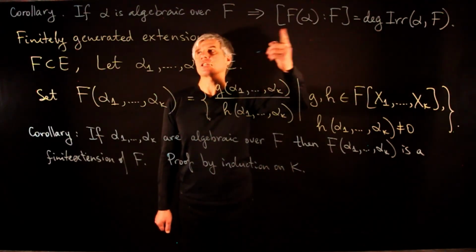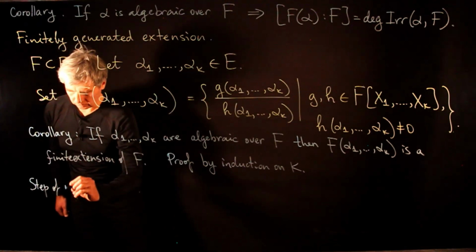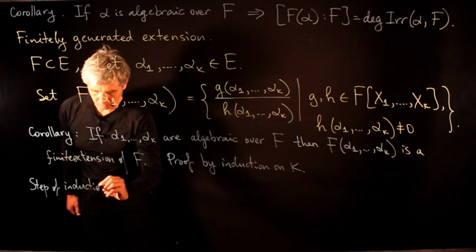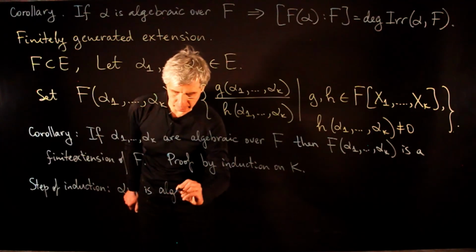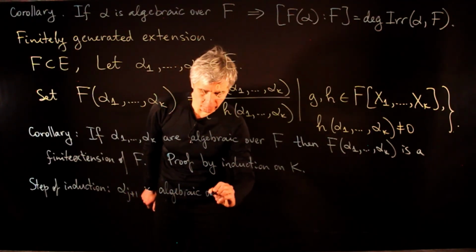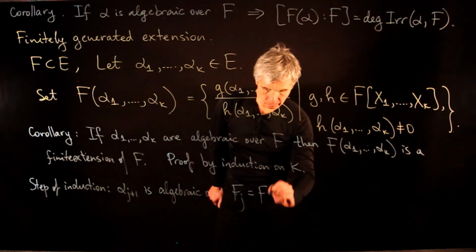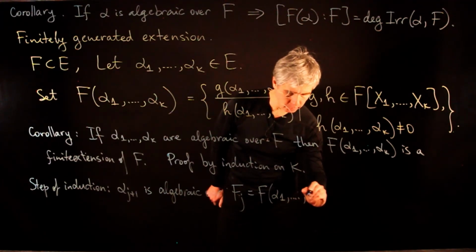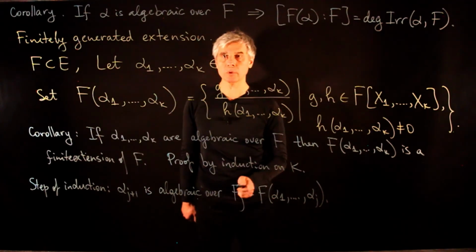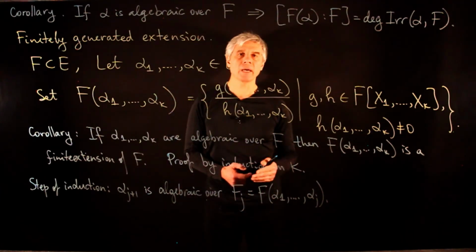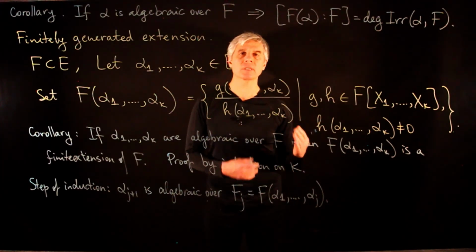So the basis of induction is established in the previous corollary, and the step of induction is that alpha j plus 1 is algebraic over a field F_j, which is F with the adjoined alpha 1 up to alpha j. Since alpha j plus 1 is algebraic over F, it is also algebraic over F_j. And then, by our multiplicativity theorem, we conclude that the composite of finite extensions is finite.